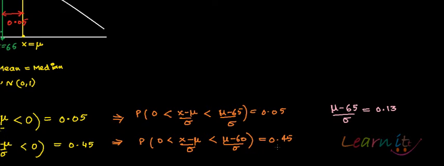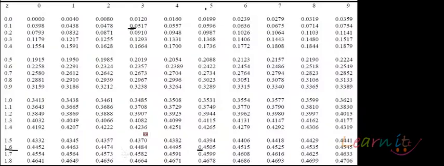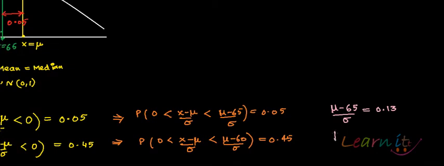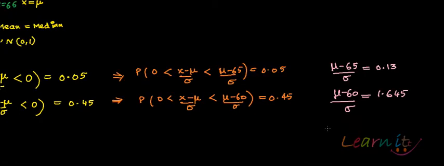Now we need to find the number which gives the probability of 0.45. 0.45 is somewhere here, which is 0.4505, which is 1.65, approximately. That would mean mu minus 60 upon standard deviation is 1.65, or you can approximately write 1.645.